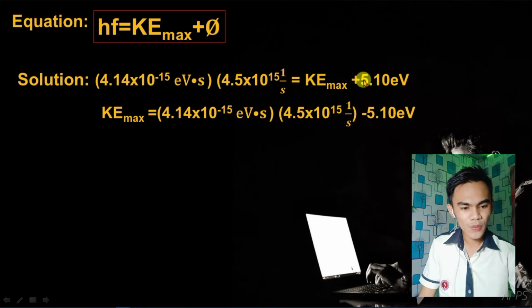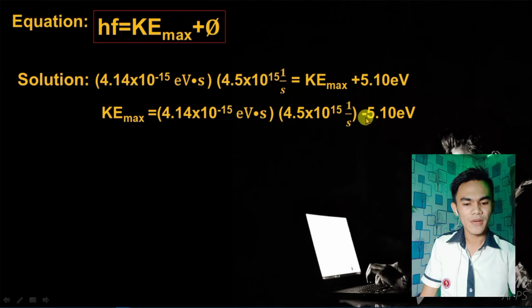So we have our maximum kinetic energy equal to 4.14 times 10 raised to the power of negative 15 electron volt seconds multiplied by 4.5 times 10 raised to the power of positive 15, 1 over second, minus 5.10 electron volts.